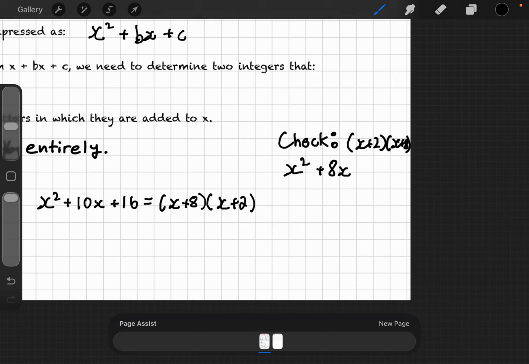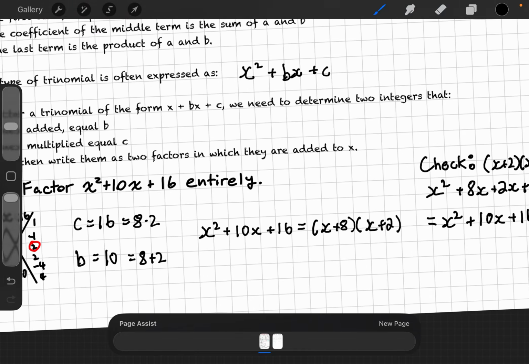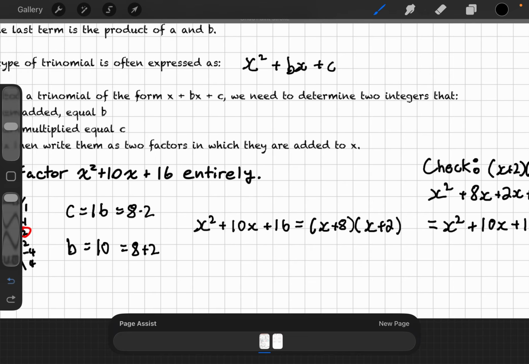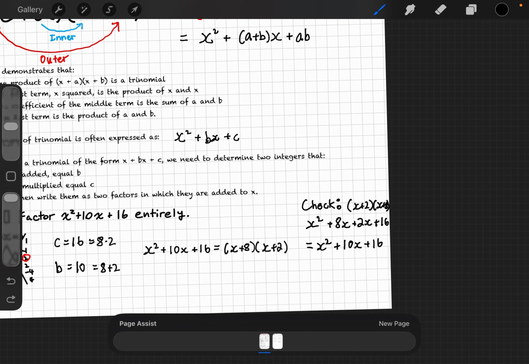And then plus 2 times x, inner. And then the last two, 2 times 8, plus 16. So this will give us x squared, 8x plus 2x, combine the coefficients, 10x plus 16. All right, so does this match up with what we were going to factor? Yes, these two do match. So this is its factored form.